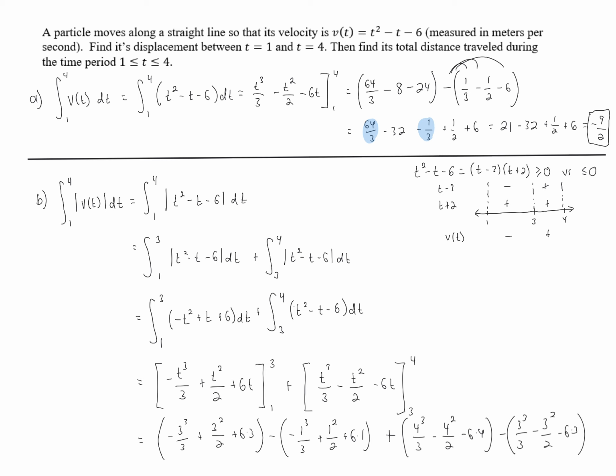And oh darn, I'm out of room. So I'm just going to tell you that all of this is equal to 61 over 6, which is approximately 10.17 meters.